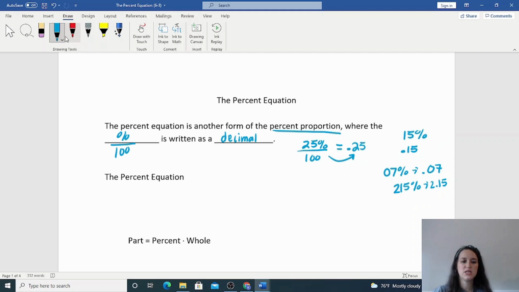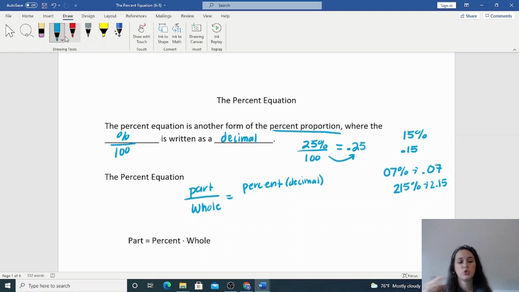All right, the percent equation, let me show you. We've got the part over the whole equals my new percent as a decimal, so it's no longer over 100.